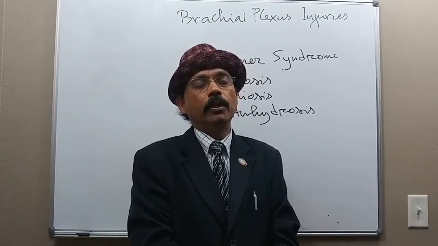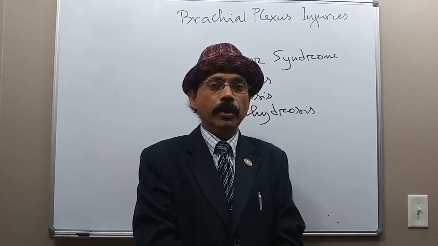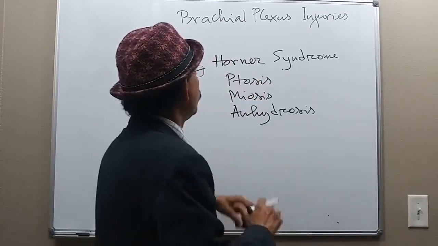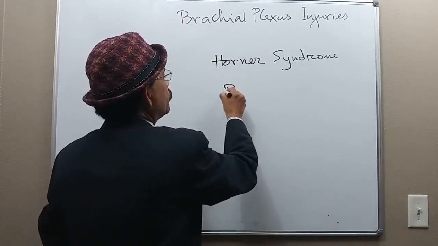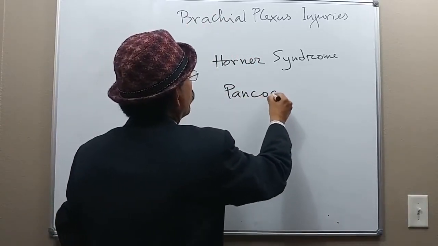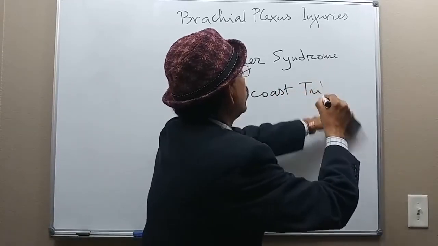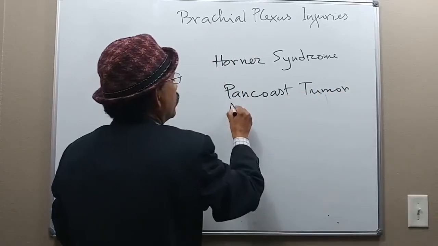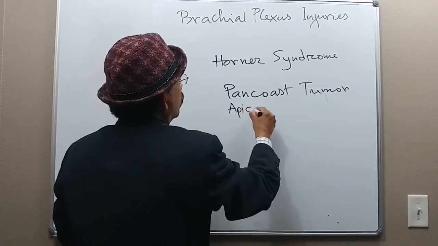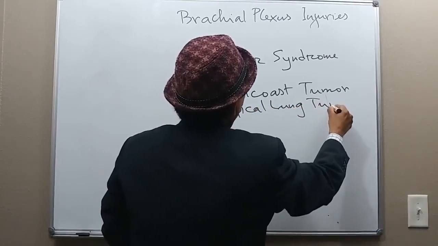sympathetic nerve fiber through the sympathetic chain of ganglion. Plus, we may get Horner syndrome due to Pancoast tumor or apical lung tumor, Pancoast tumor or apical lung tumor. Okay.